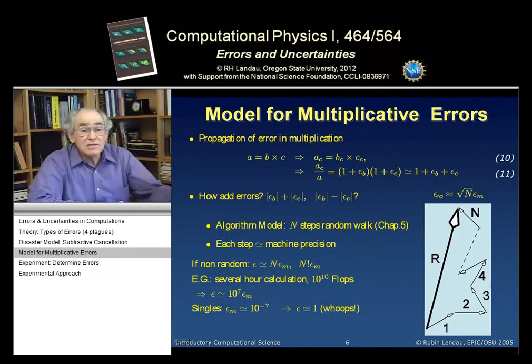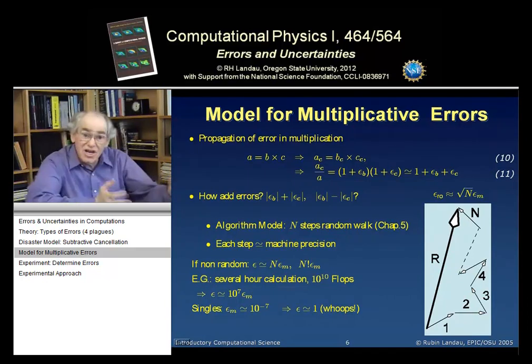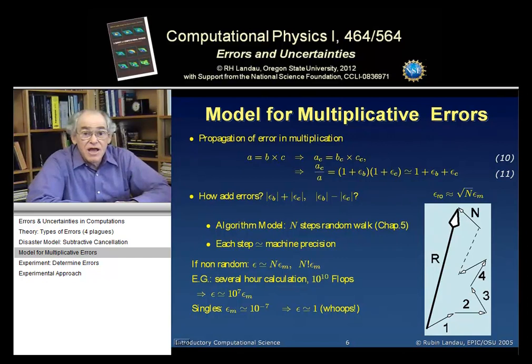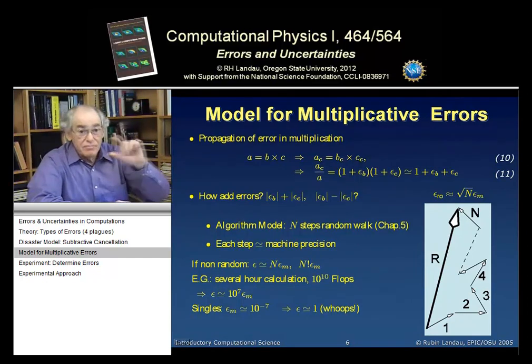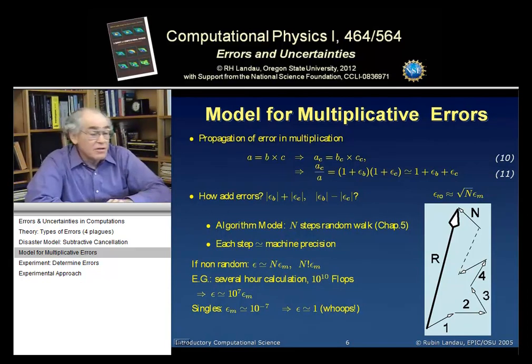And we can apply the same model to a one-dimensional case such as this, where we're just adding positive and negative errors together, and say the worst possible case would be when we have capital N epsilon in the errors. The best possible case is when we have 0.